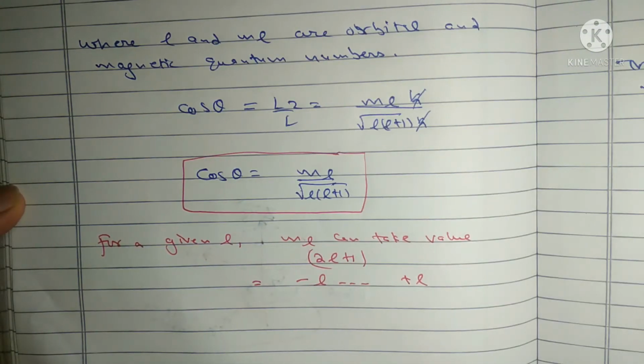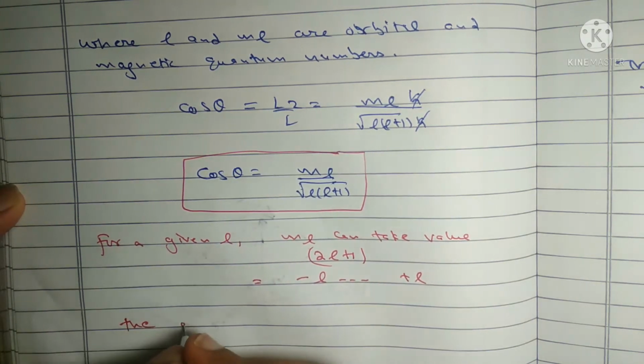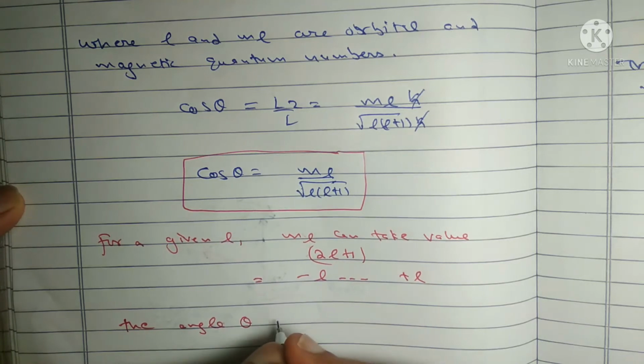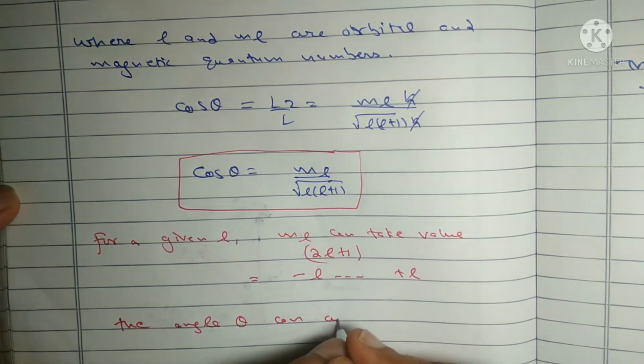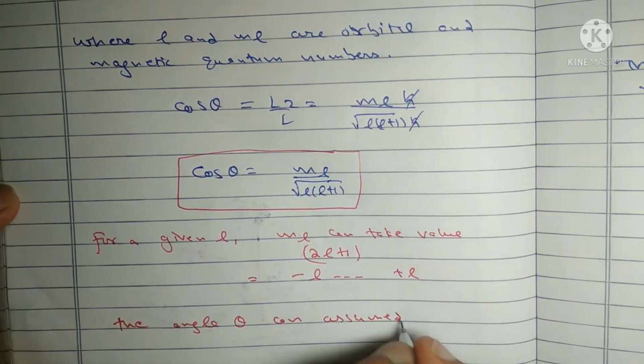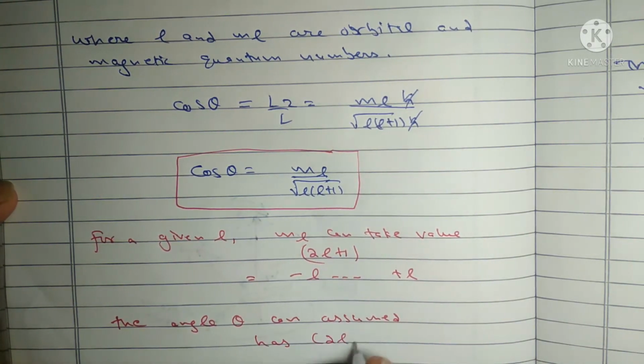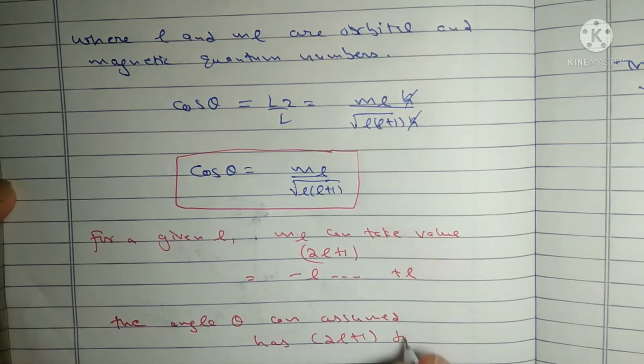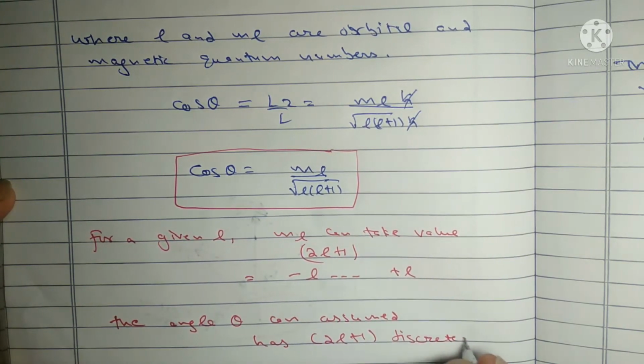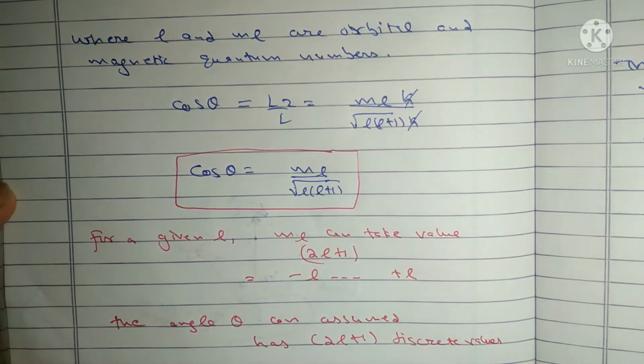So if ml can take 2l plus 1 values, the angle theta can also be assumed to have 2l plus 1 discrete values, and theta is the angle between the L vector and the magnetic field vector.